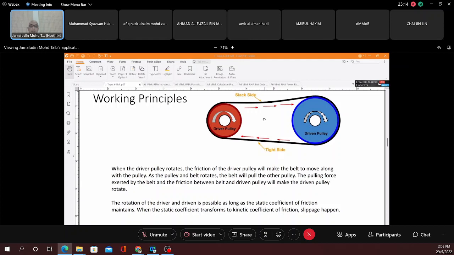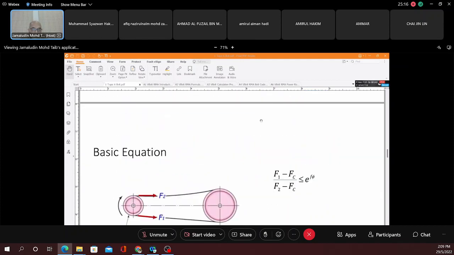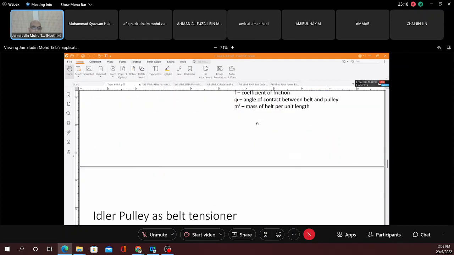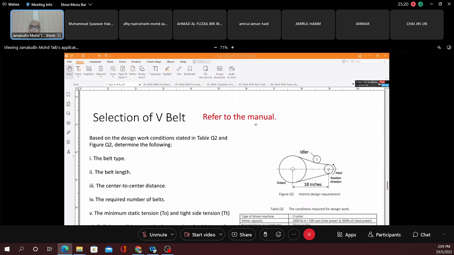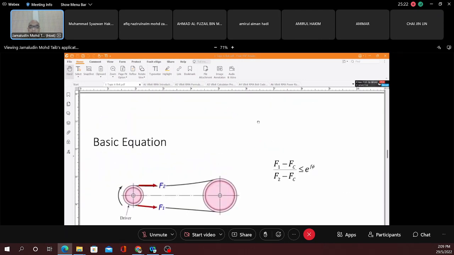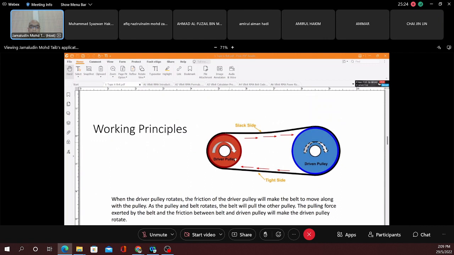That means you rotate. How it works, I have mentioned this one. How this thing works is that, for example, let's say this pulley is attached to a motor.